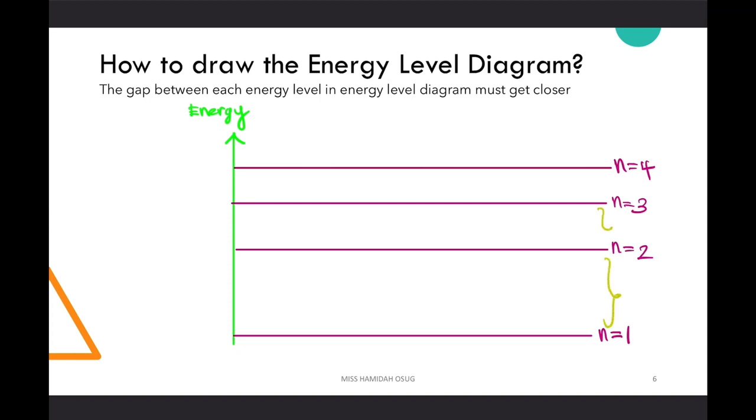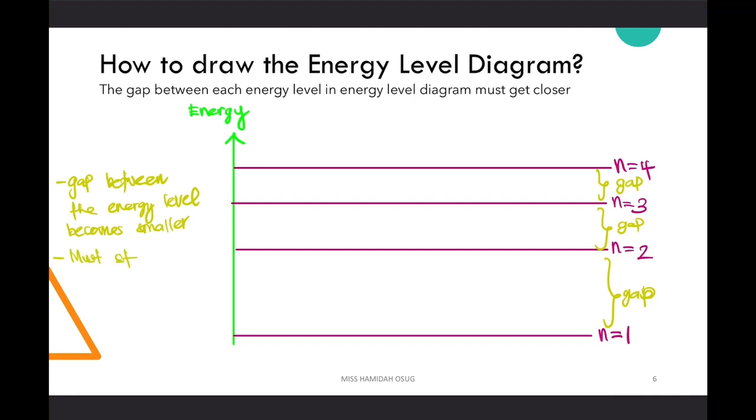Dan kalau kamu perasan, gap ataupun ruang di antara energy level ini semakin mengecil. So kamu kena take note bila kamu lukis energy level diagram, the gap between the energy levels becomes smaller. Dan perlu saya ingatkan sekali lagi, kamu kena mula dengan n sama dengan 1.